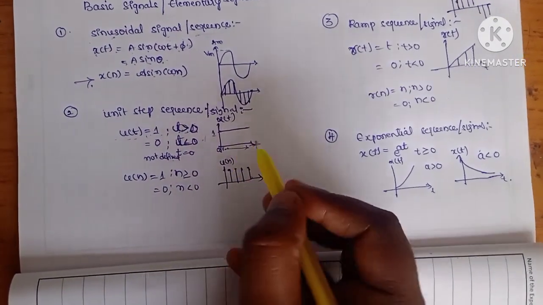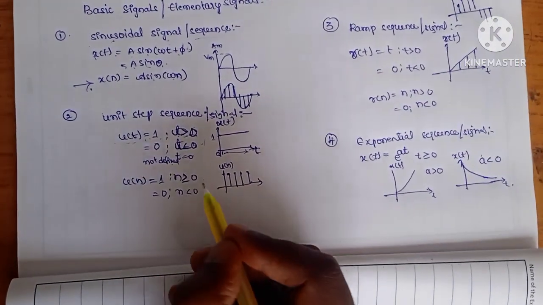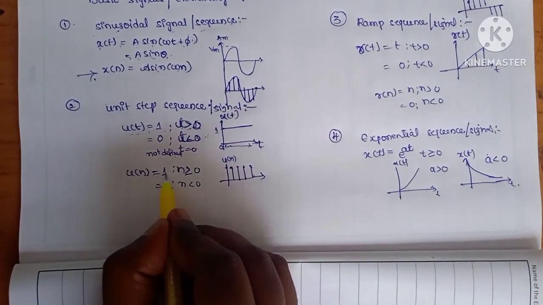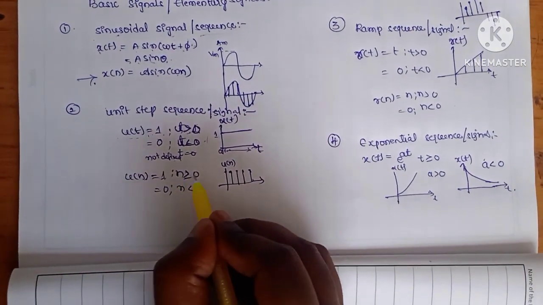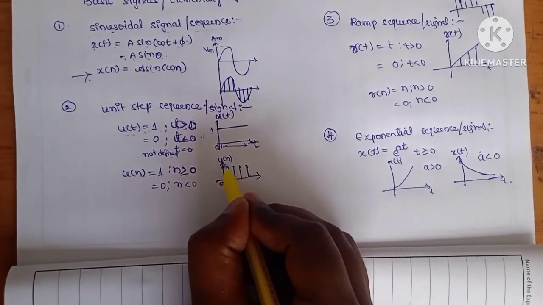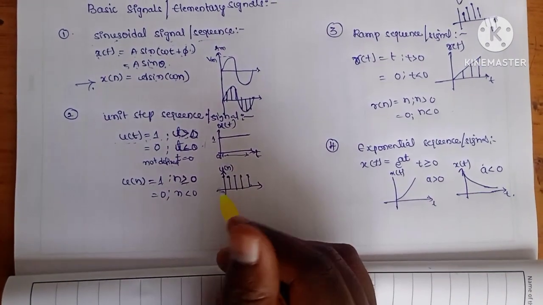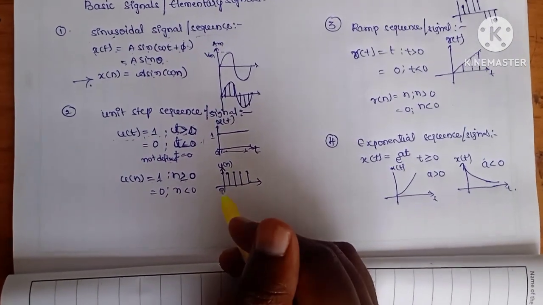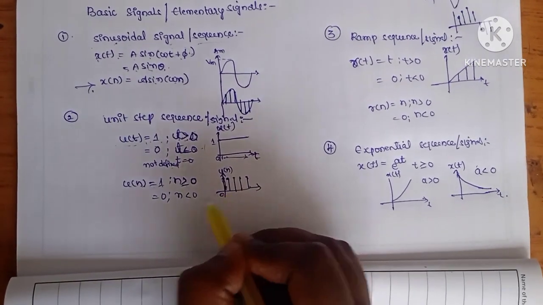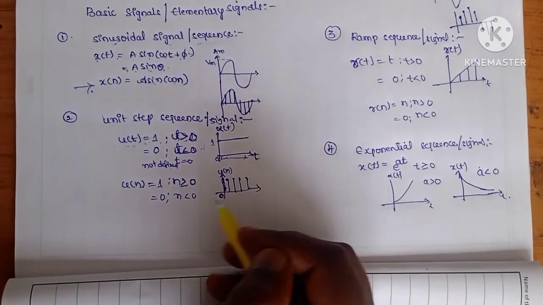But in the sequence, we will include 0 also. So u of n equals 1 for n greater than or equal to 0. We include 0 because of the sampling theorem, which we will discuss later.